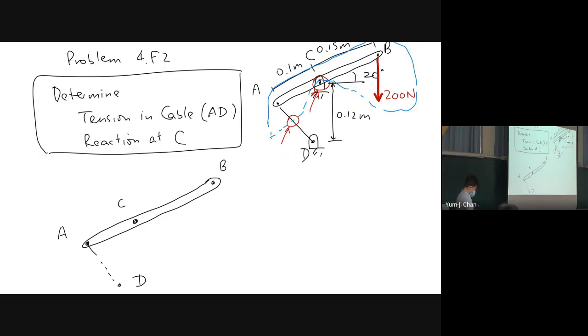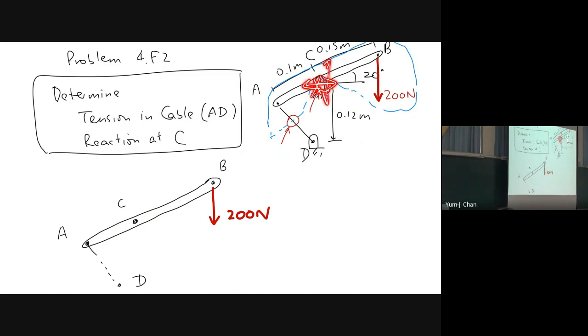For the external forces, we have 200 newtons here. Now, do we have external forces acting upon C? This is a pin support. So for this support, can we move to the left and right? No. Can we move up and down?